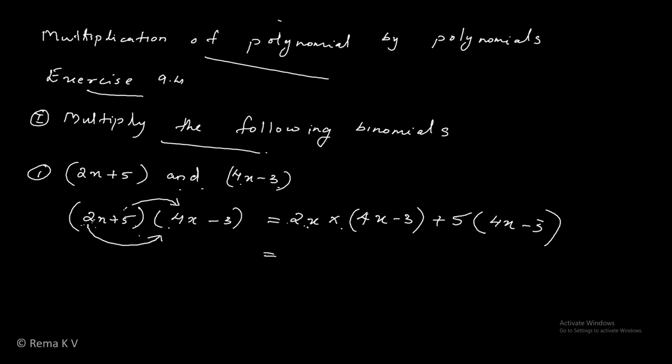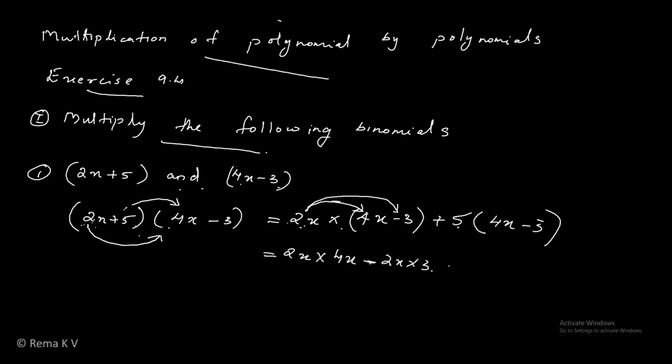You know how to multiply a monomial by a binomial. To multiply this one, first we have to multiply 2x into 4x. Then the sign is minus here, 2x into 3. Since you put the minus sign here, you have to write only 2x into 3 in this place.